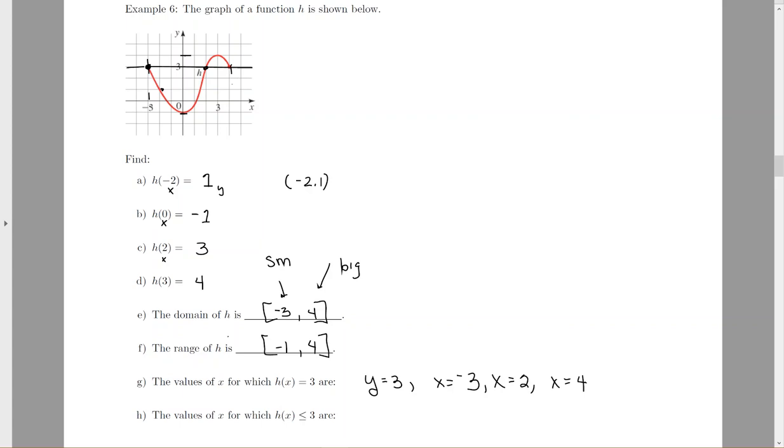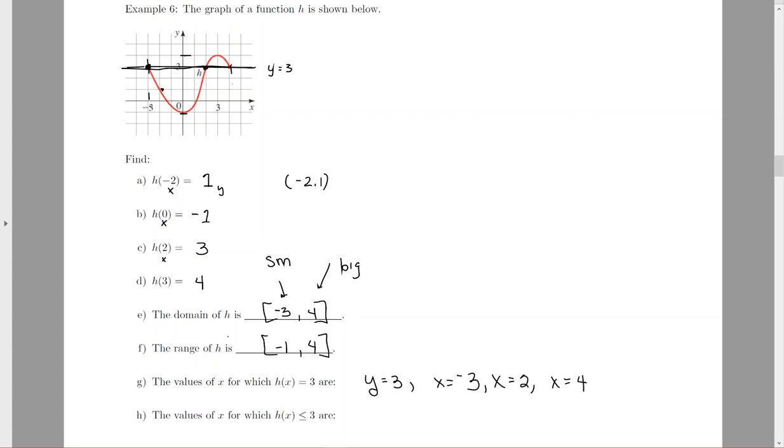All right, so now for letter H, you're looking for the values of x for which h of x is less than or equal to 3. So when it's an inequality, we're looking for an interval. Like what interval is this going to happen? Well, here is our y equals 3 line.